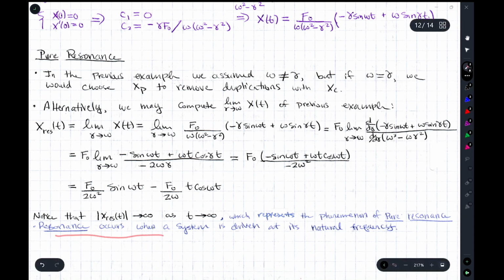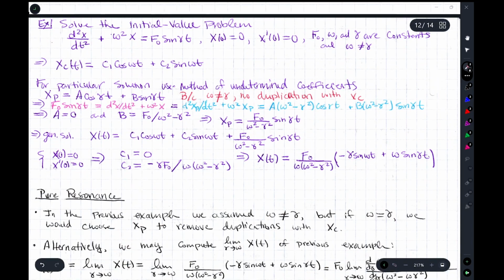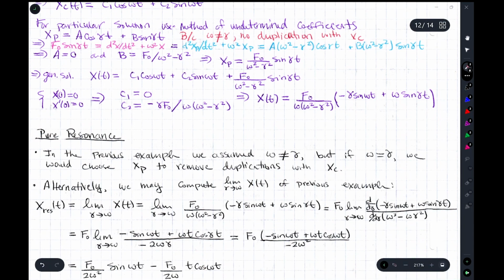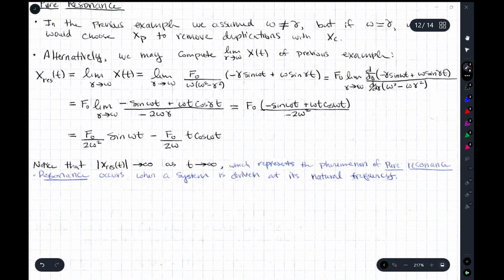And in general, resonance occurs when a system is driven at the natural frequency. What is the natural frequency? It's omega, which is equal to the square root of k over m, the spring constant over m. And that's the natural frequency of the spring.